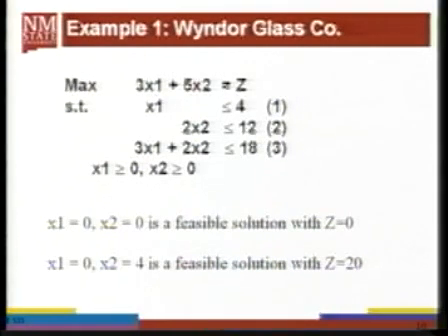And today, we are going to learn about the graphical method, which can find the optimal solution for this window glass problem so easily. And I just let you know that any LP problem, any linear programming problem with only 2 decision variables can be solved by the graphical method, okay?